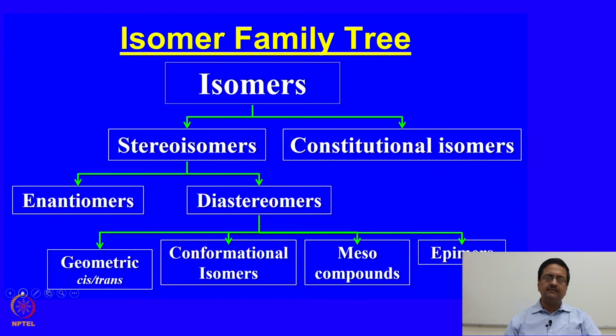Stereoisomers are further subdivided into two parts: enantiomers and diastereomers, and then the diastereomers are again further classified into four sections, which are geometric isomers or cis and trans isomers, conformational isomers, meso compounds, and the epimers. So we will slowly learn about all these different classifications of isomers through these lectures.